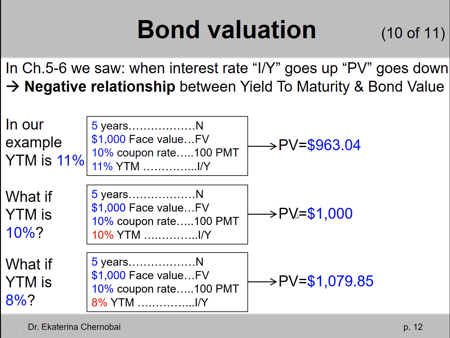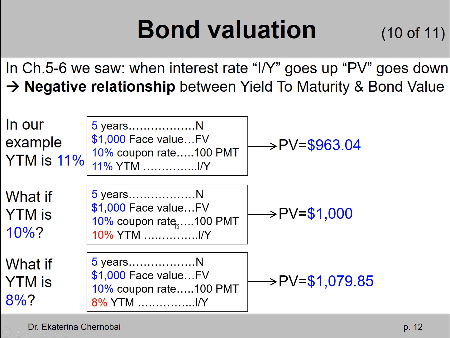No. Turns out that whenever the coupon rate and the yield to maturity are identical, in our example, they are both 10%, you will always get the bond value of $1,000. Even if the coupon rate is, let's say, 15% and the yield to maturity is 15%. As long as they are the same, you will always be getting $1,000.